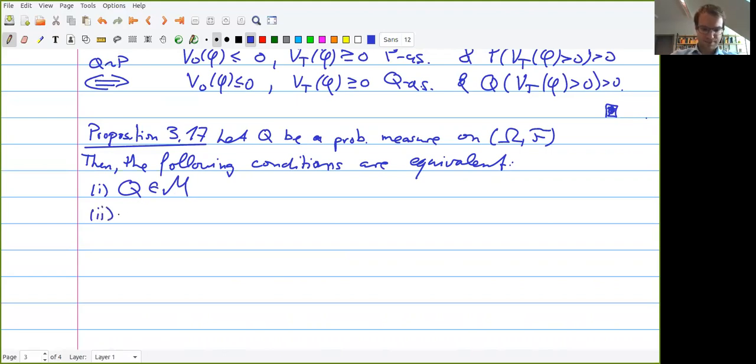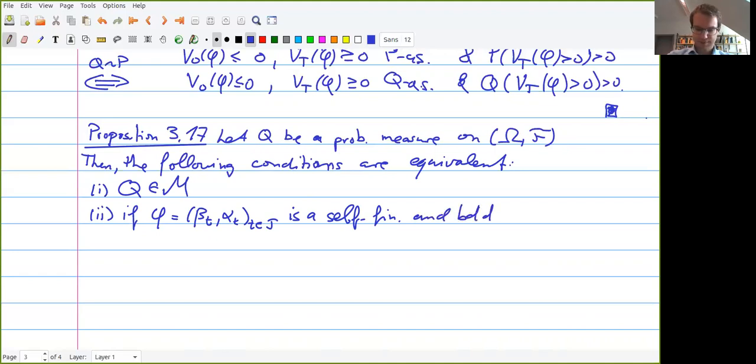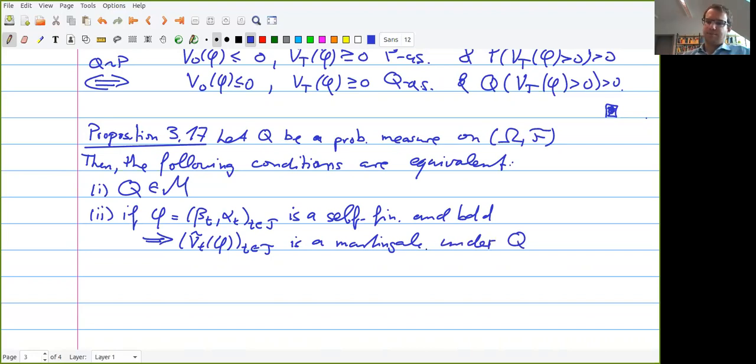The second one is to say, if I consider a trading strategy phi, and I want that this is self-financing and bounded, then this implies that my discounted value process associated to this trading strategy is a martingale under Q.